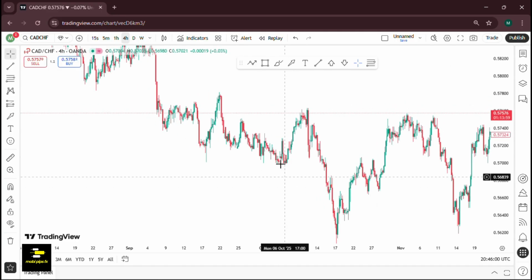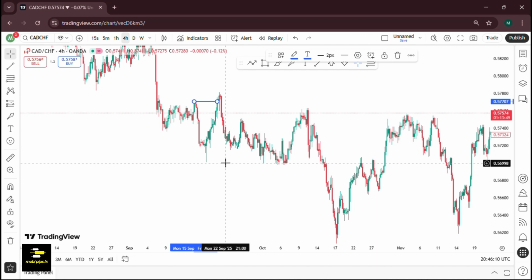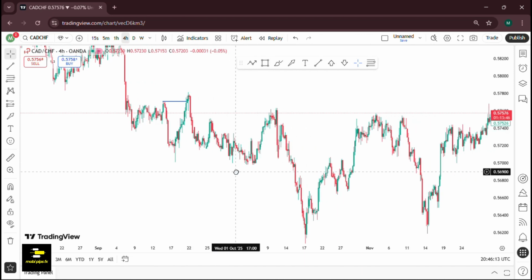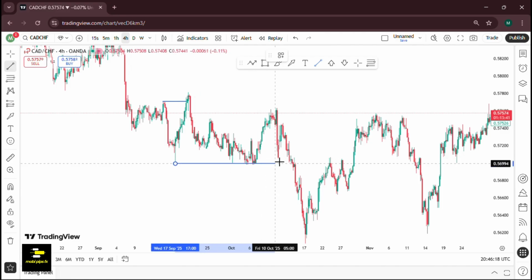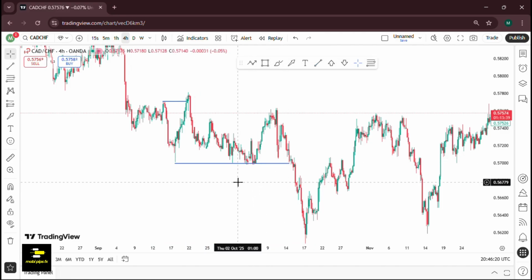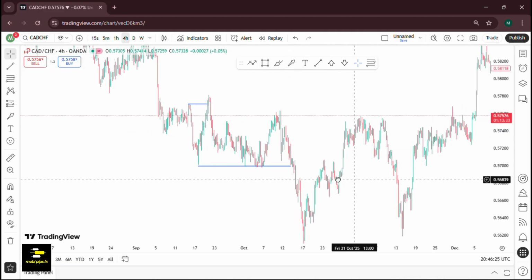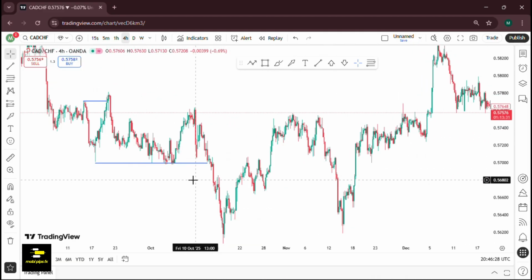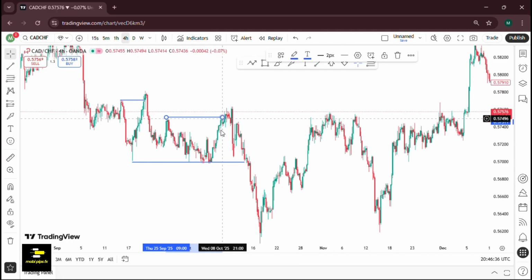Oh, this is beautiful. You will understand me when you fall in love with it. So first of all, we have our sweep of liquidity right here. We have our BOS right here. We have our structural liquidity right here. Because this has already played out, you find it hard to see.